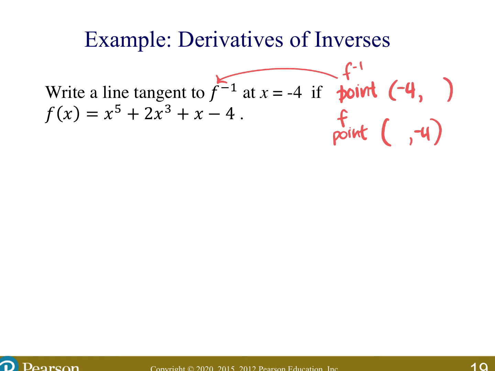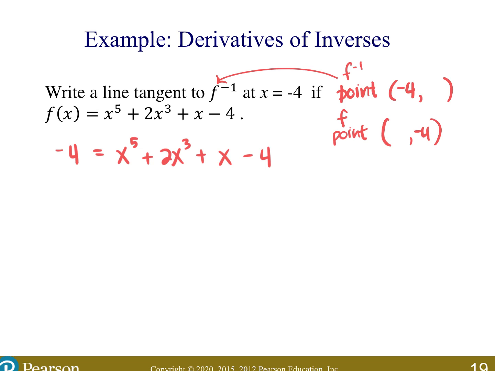So we know that -4 is the key, and all we have to work with is the original function f of x. Where am I going to put the -4? -4 equals x to the 5th plus 2x cubed plus x, and then we have -4 at the end.